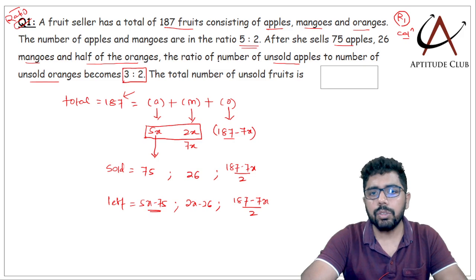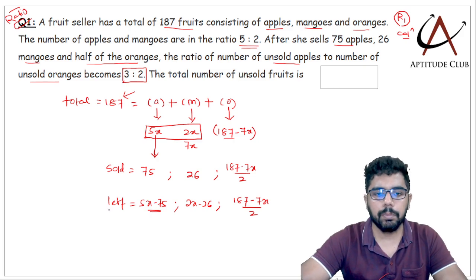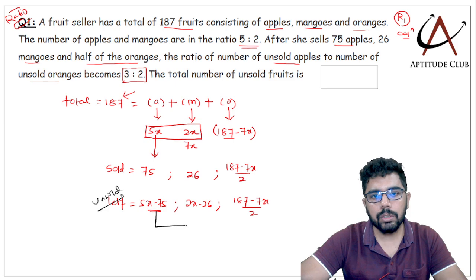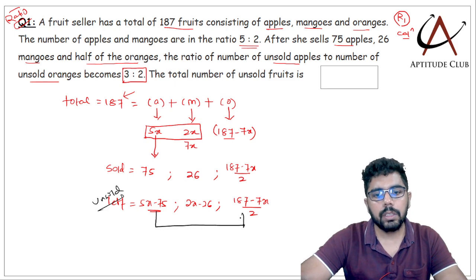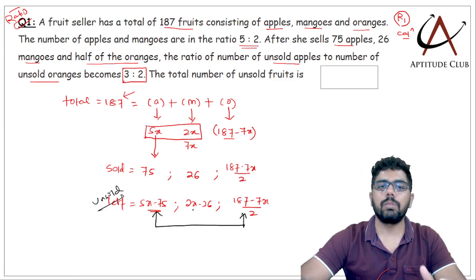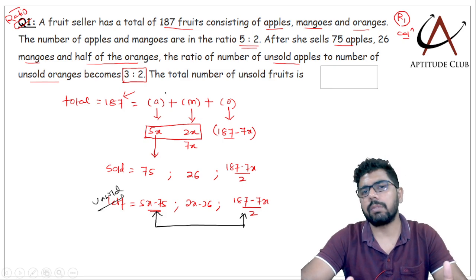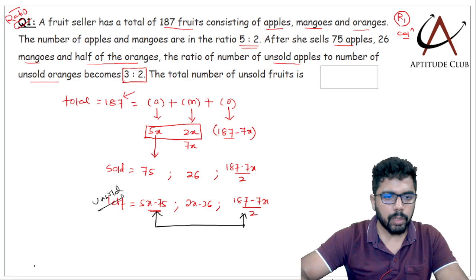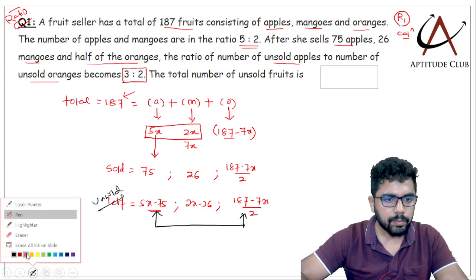And it is saying the ratio of the number of unsold, left basically is unsold. So unsold apples to unsold oranges, this ratio is given to us as 3 is to 2. Now we just have to solve and find x. So let's take it to the next slide.